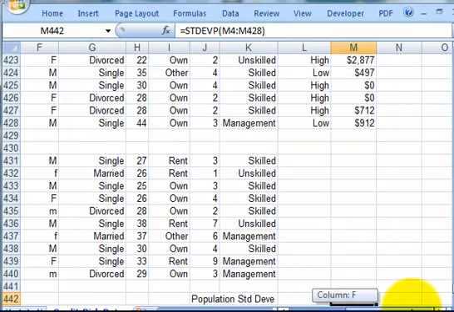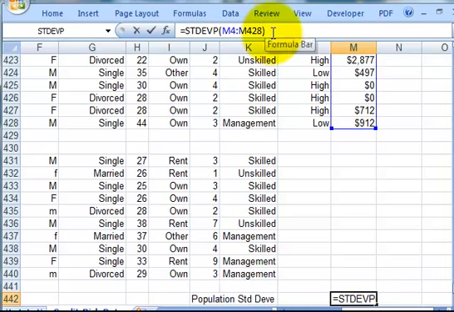When we calculate our population standard deviation, because it tells us to treat this data as the population, I went in and used the standard deviation of a population, with the P, because it told us to put a P. Some of these formulas are a little different depending on the Excel version you have, so double check.